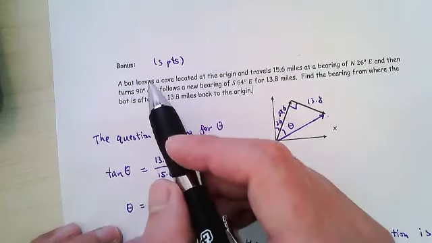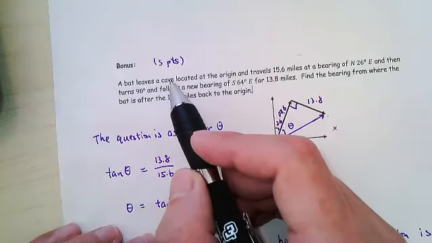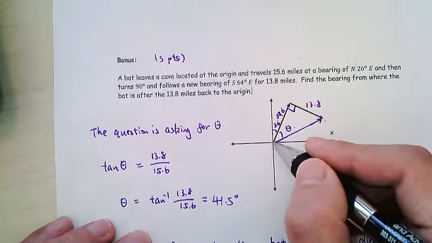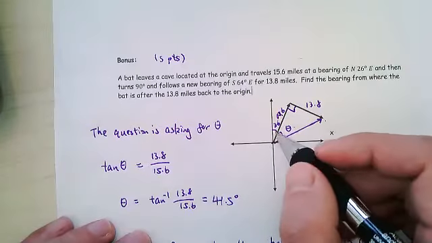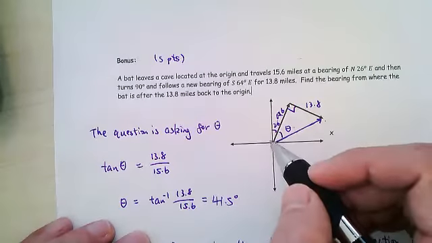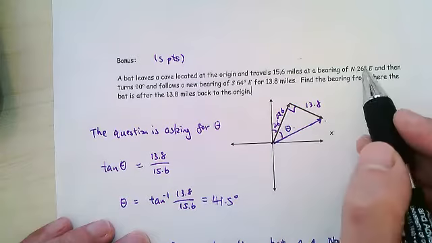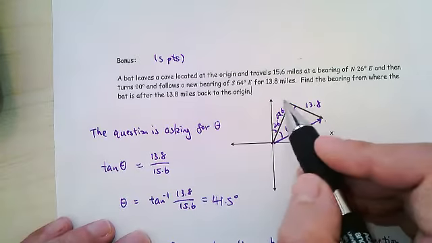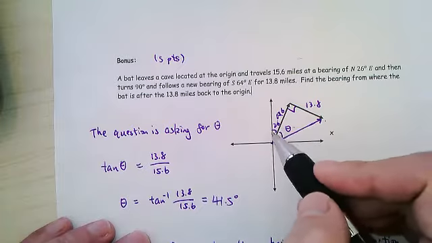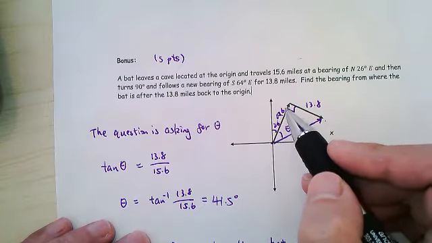A bat leaves a cave located at the origin. The bat leaves a cave here and travels 15.6 miles through this direction, north 26 degree east. Okay, so it's this direction.